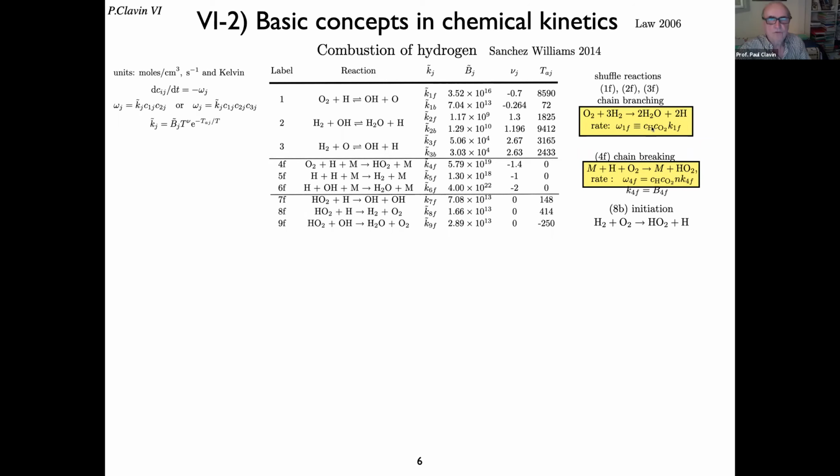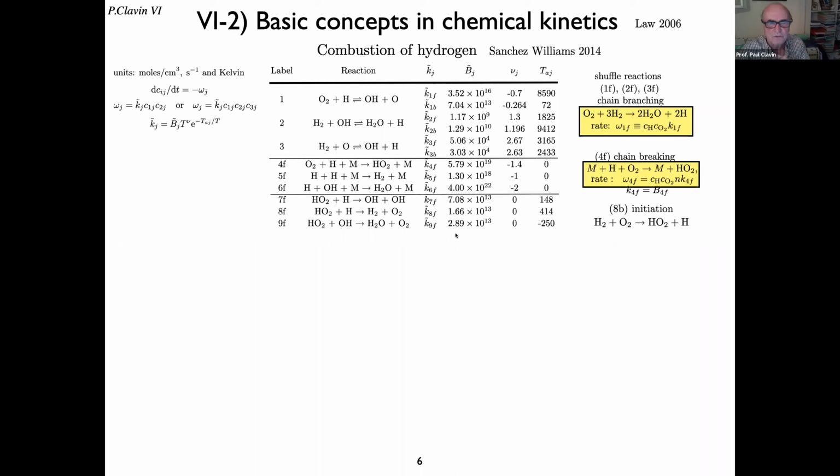So this is going to produce a runaway of the concentration of H. This runaway is countered by the chain breaking reactions 4F, 5F, 6F, which consume the atom H by colliding essentially with oxygen to produce hydrogen peroxide, HO2, which in the first step can be considered as an inert species.